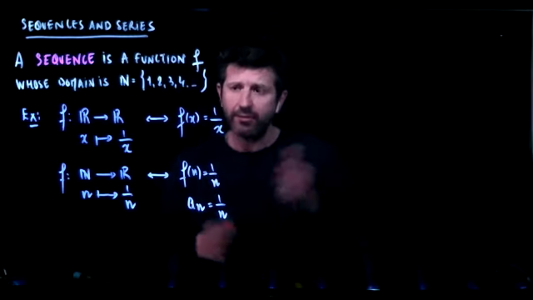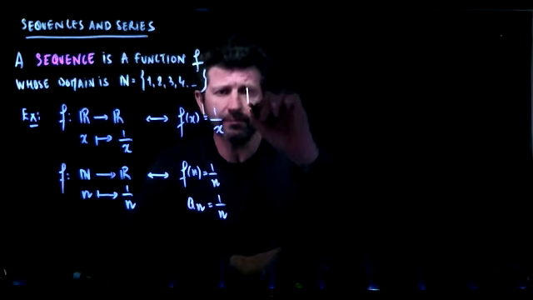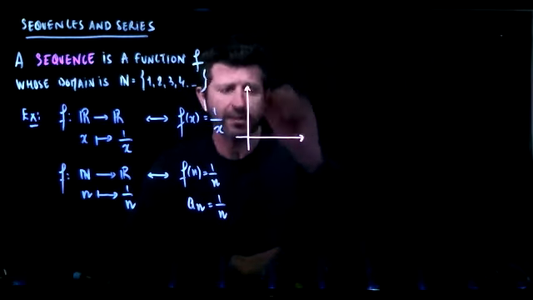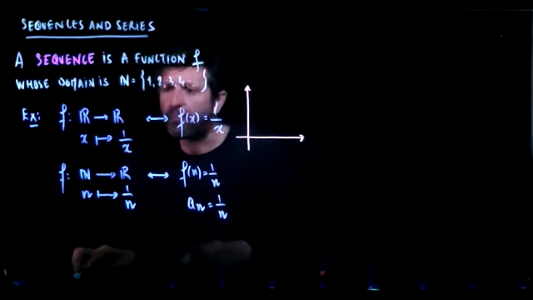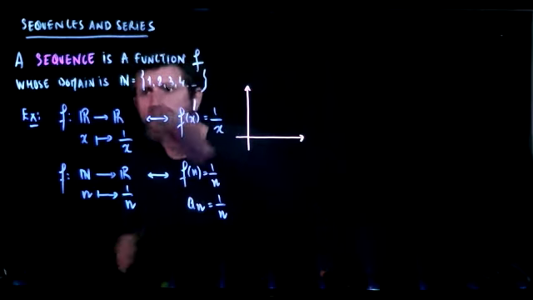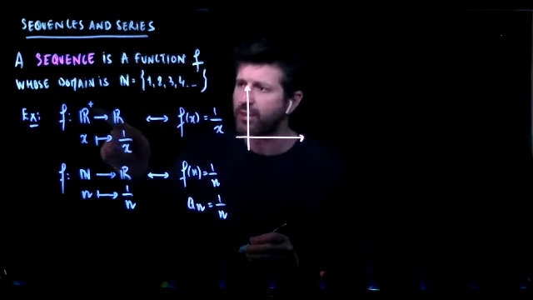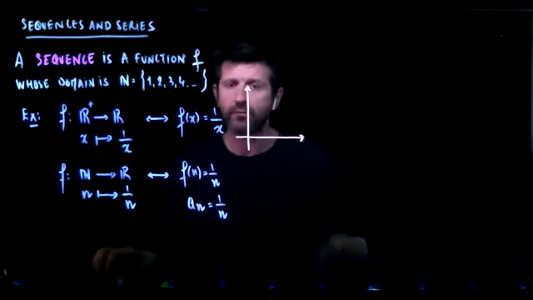So basically here, this function, we all know what it is. Let's say I'm just going to be interested in positive numbers, so I'm just going to take R plus, meaning only the positive values.